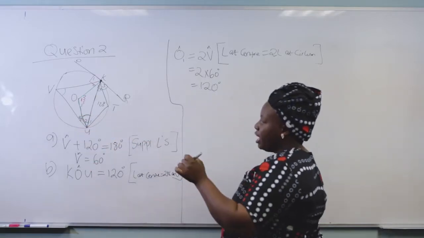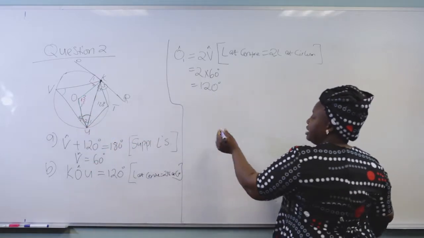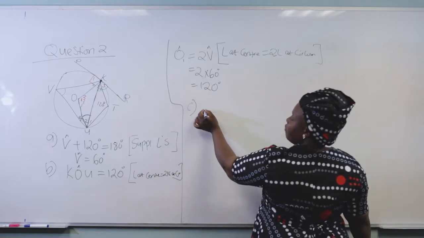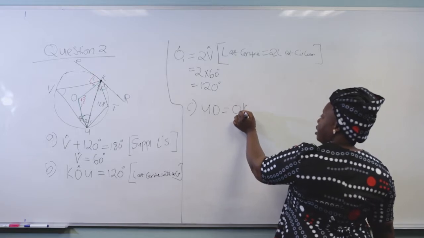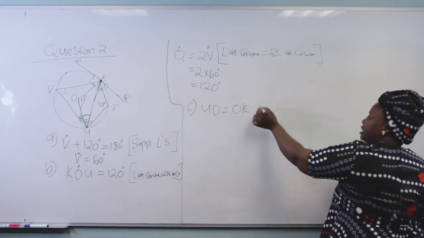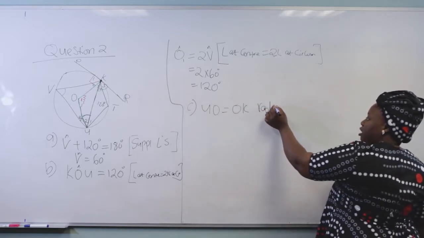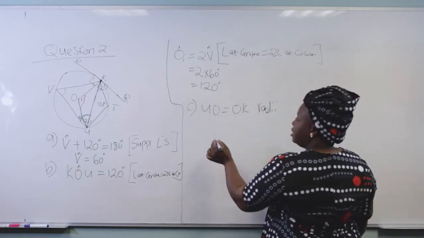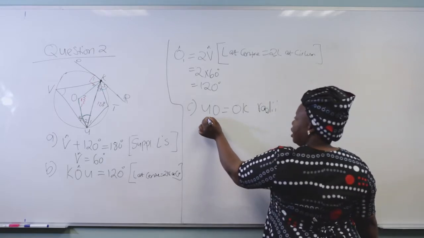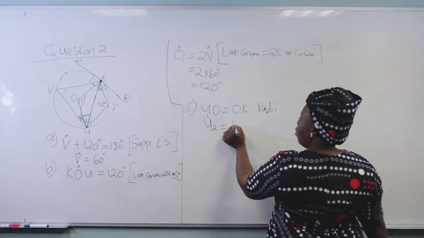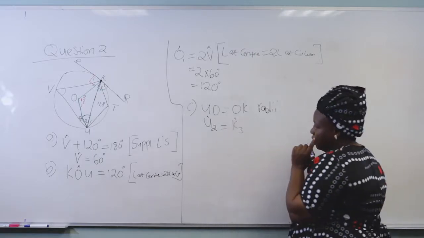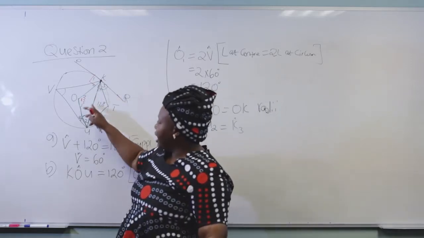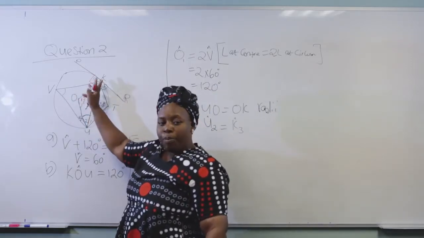If UO equals OK, because of the radius, it means that U2 as an angle will be equal to K3 as an angle, just because they are base angles opposite the equal sides.